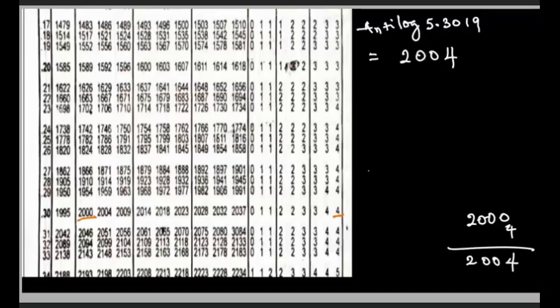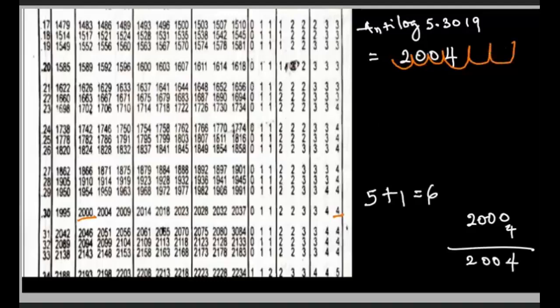So we have 5 as the whole number, so we add 1 to that 5 and it becomes 6. Meaning that we'll move 6 decimal places forward from the left to the right: 1, 2, 3, 4, 5, and 6.